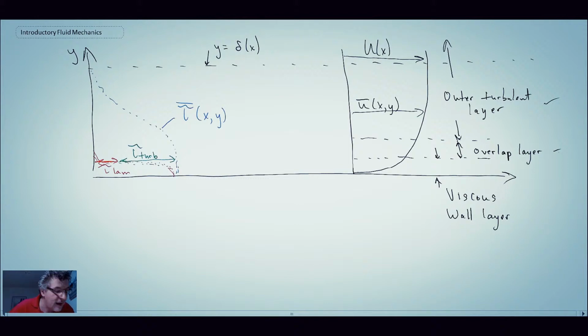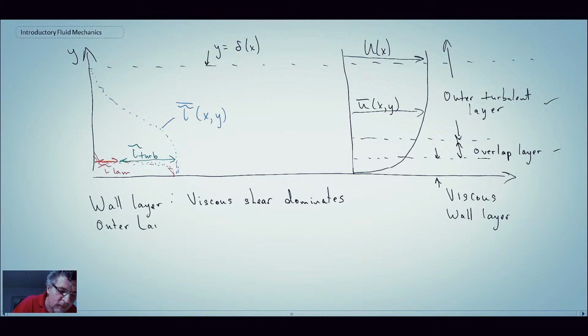So if we were to write this out, we have the wall layer, we have the outer layer, and that would be where the turbulent shear dominates.